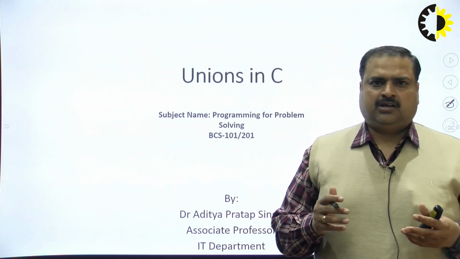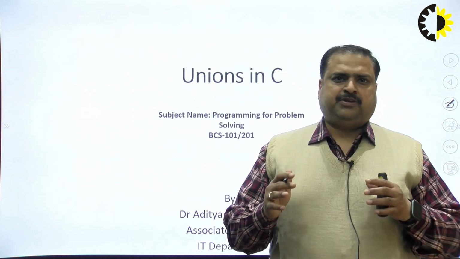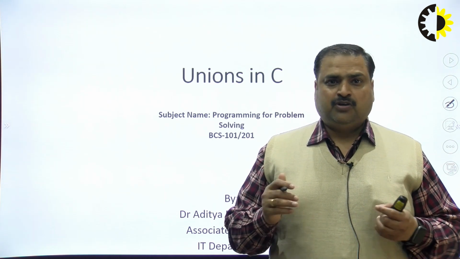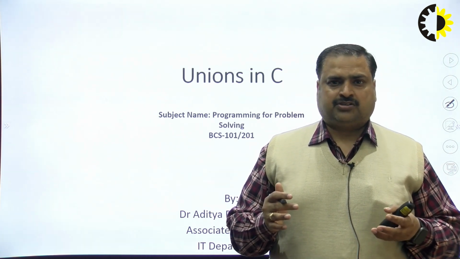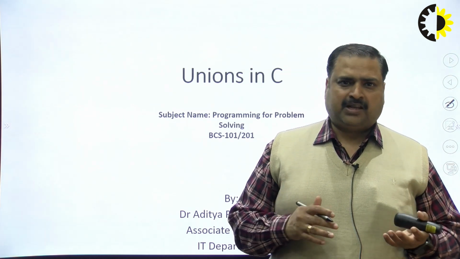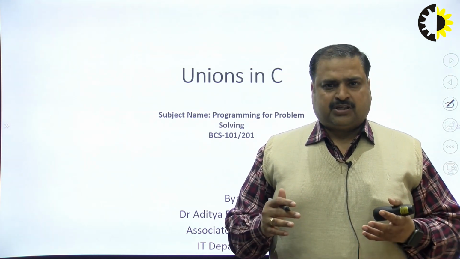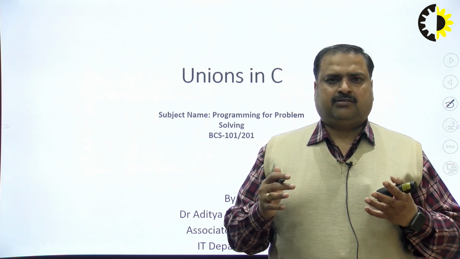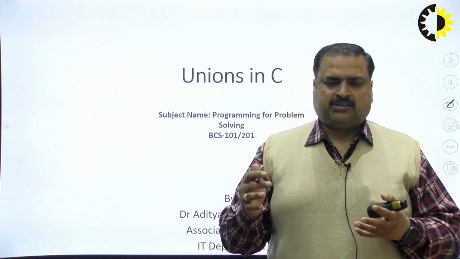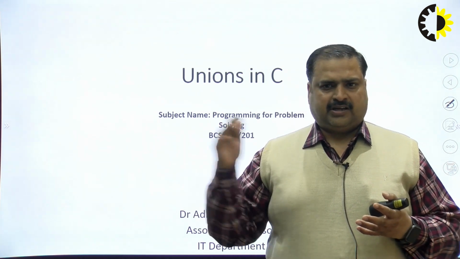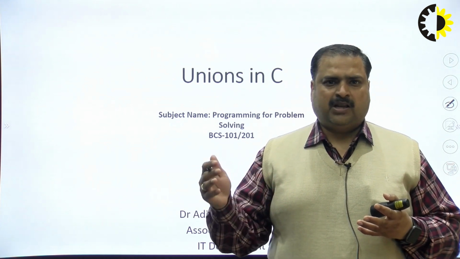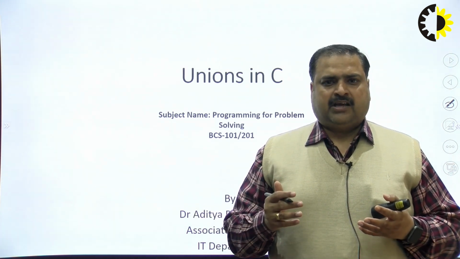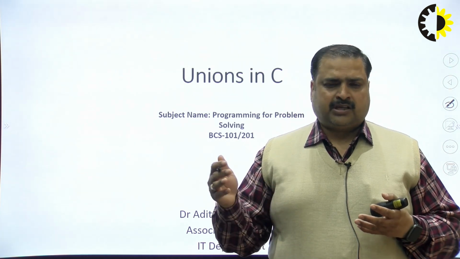Such type of structure we have already covered in the previous lecture, and the usefulness of these structure or union data types is different from arrays. In case of structure, we generally create a collection, like a person can have a name, that will be a character array. Person can have a mobile number, that may be a long type, and person can have an address, that will again be a character array.